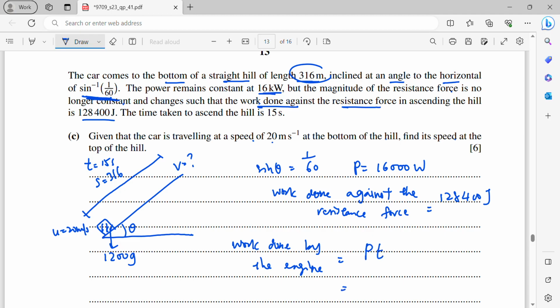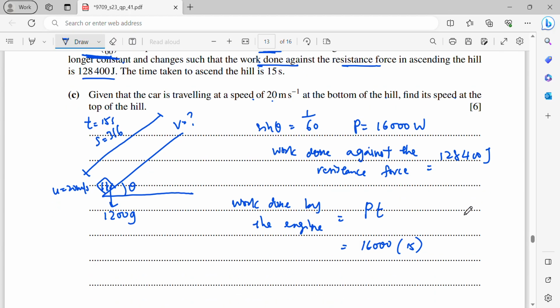Okay, so the power is 16,000. The time is 15 because it took 15 seconds to reach the top of the hill. So here is going to be 24, then all these 4 zeros, joule. Means that it is 240,000 joule. Okay, that is the work done by the engine.